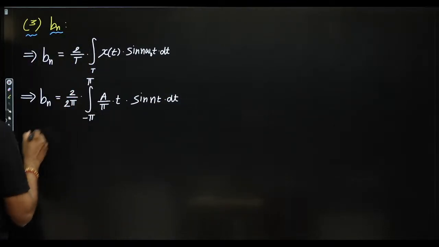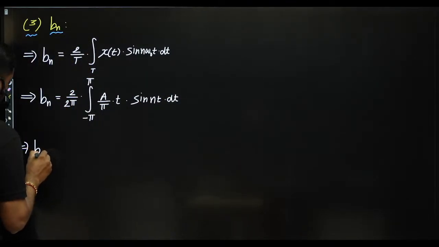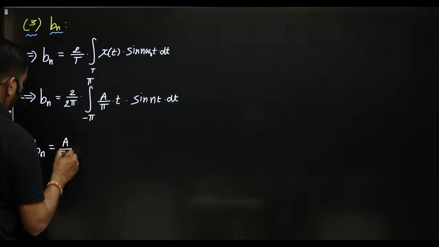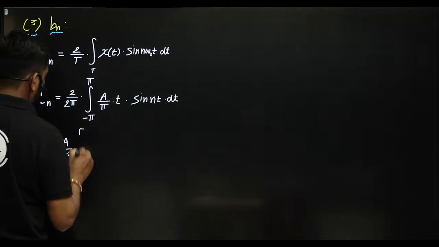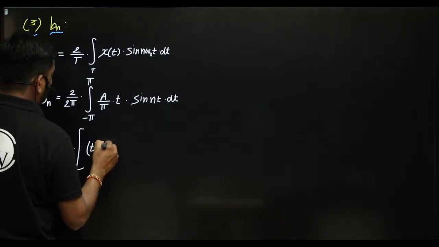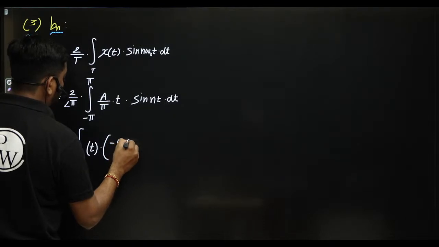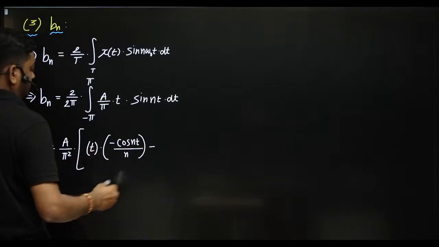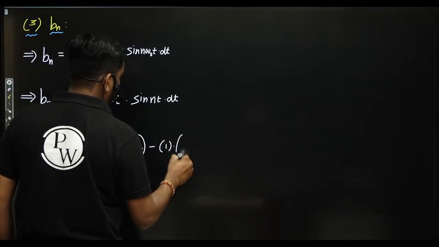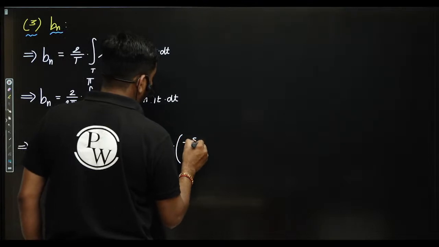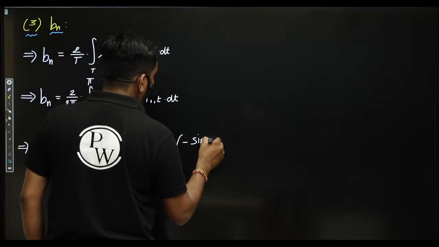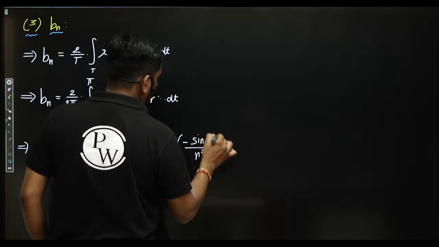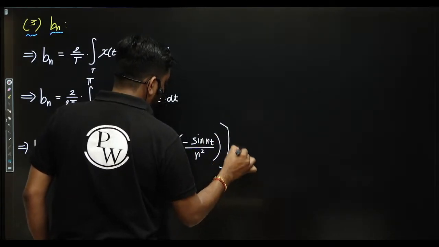Now the integration by parts: 2 gets cancelled out, a by pi is constant, take outside the integration, so a upon pi square. Now first term is fixed, t fixed, integration of sine, that is minus cos nt divided by n, minus differentiation of t, it is 1, and again integration of this one, so minus sine nt into t divided by n square, and limit is minus pi to pi.